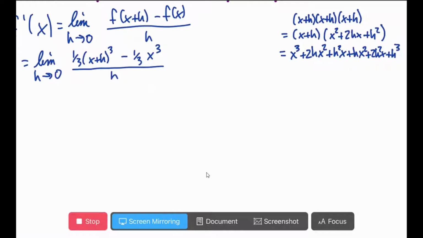And do we have any like terms here we can collect? We have a couple. So hx squared and hx squared, and h squared x and h squared x. Be careful. Make sure you don't confuse those two. They're not the same thing. So x cubed plus 3hx squared plus 3h squared x plus h cubed.